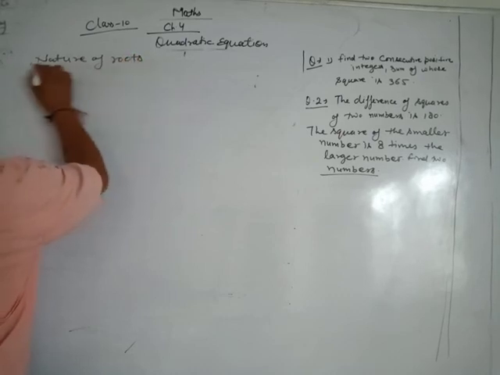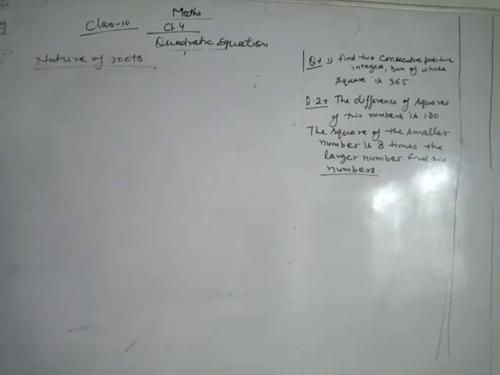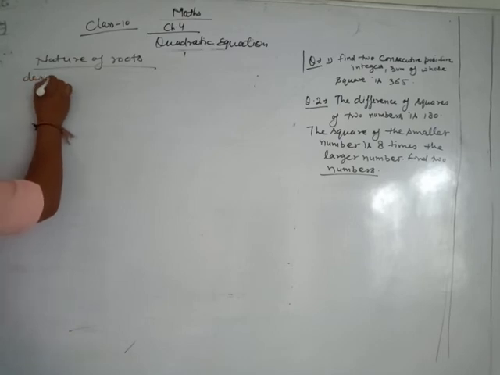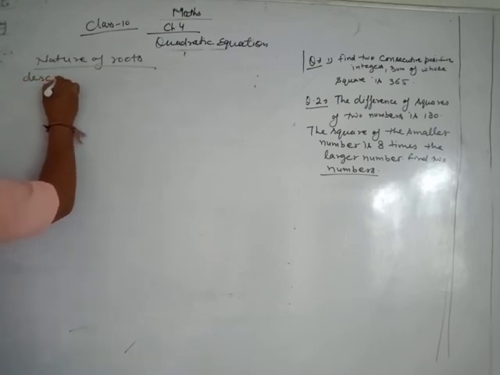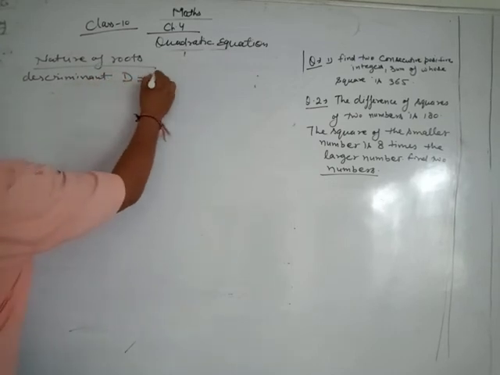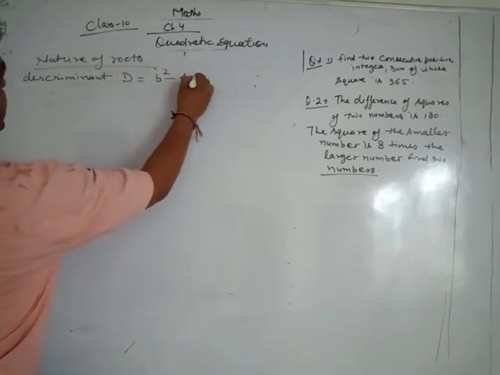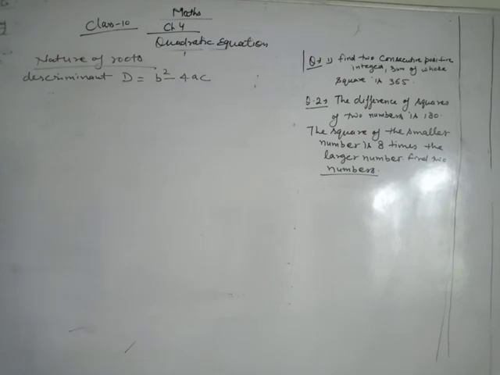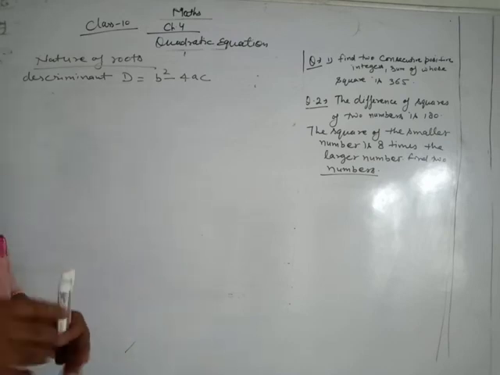Roots means the value of x. The discriminant D equal to b square minus 4ac. This is a very important question, nature of roots. In the examination, this type of question will come for 1 mark.